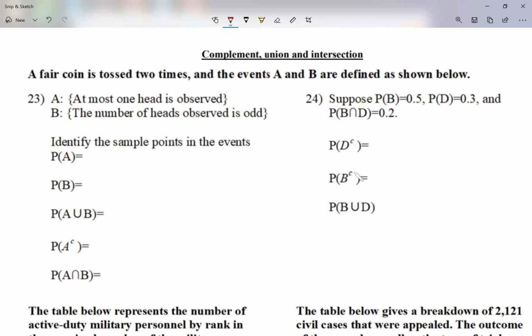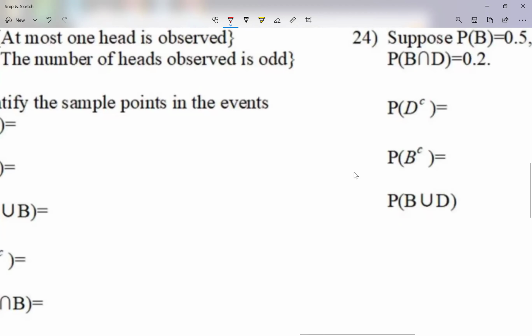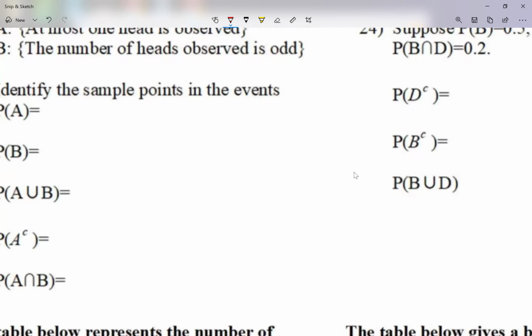Okay, so the coin is tossed 2 times. I gotta see all the possible outcomes. So let's say I grab a coin, and I flip it. I either get heads or tails. So I flip the first coin, then I flip it again because it says second time, right?